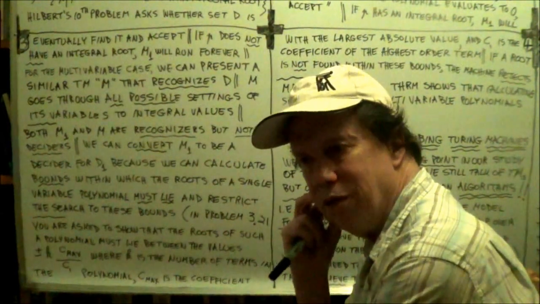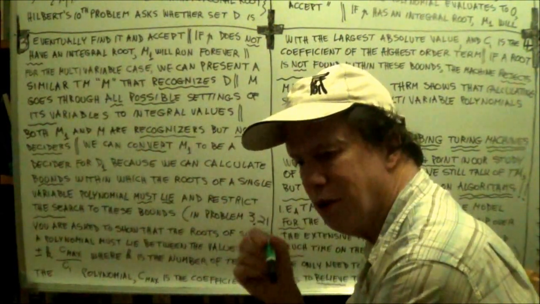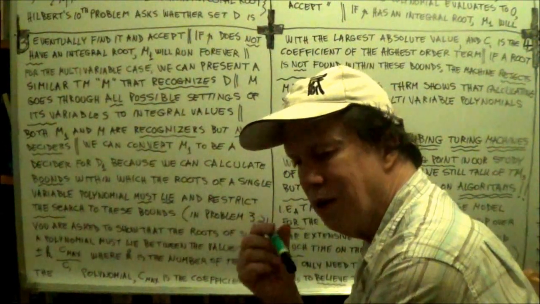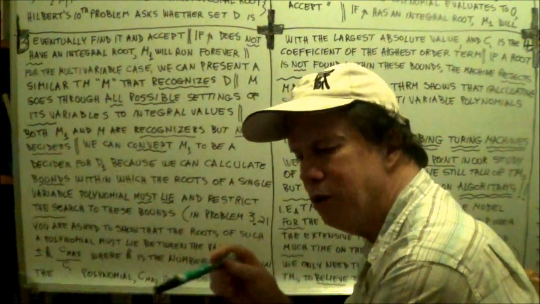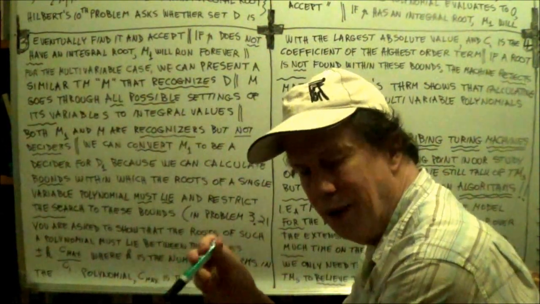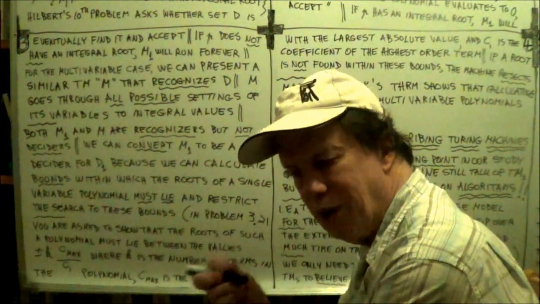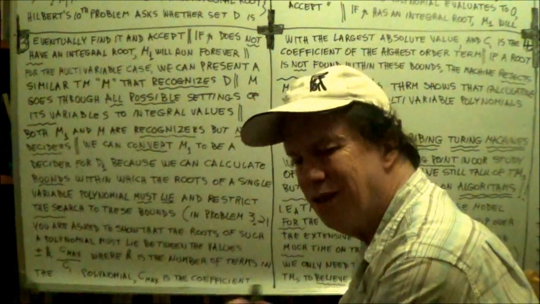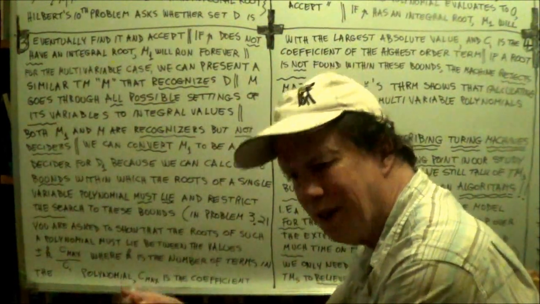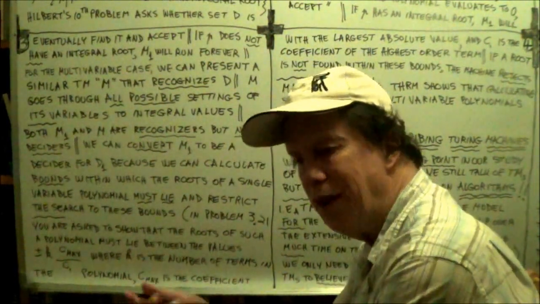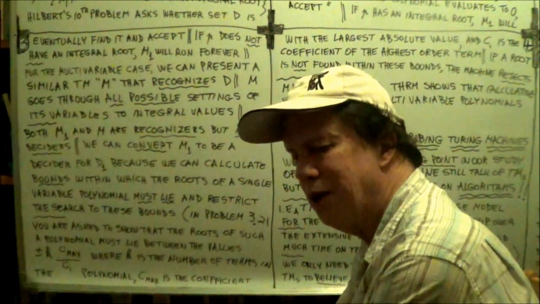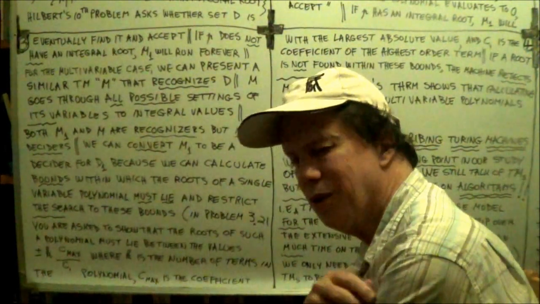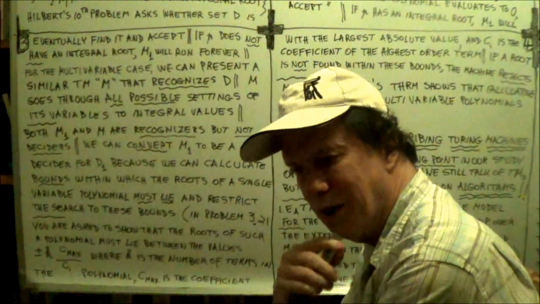You know that the 4x cubed term is going to dominate, so that the polynomial can never be equal to 0. The other three terms will not be able to cancel out, by subtraction, the influence of the first term, the 4x cubed.